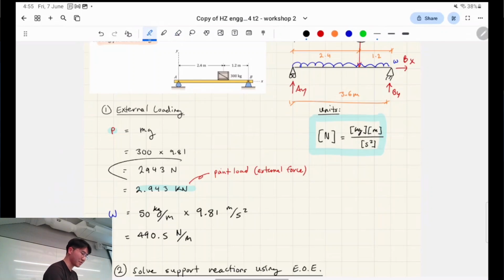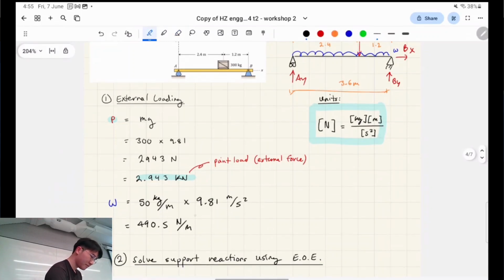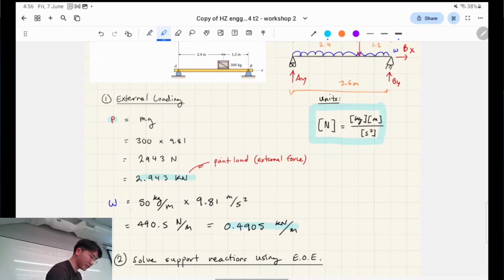Remember, this is different to the previous one because we're still doing everything in terms of per meter. Then I'm going to convert it to kilonewtons per meter. That's what I was referring to, so that's what we're going to run with.